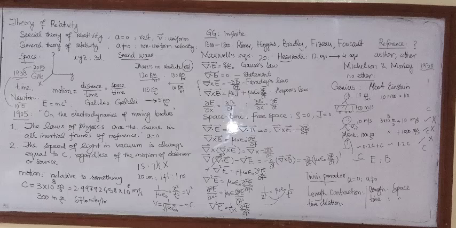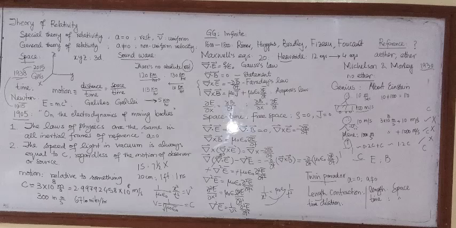And we are getting minus del square E equals minus mu naught epsilon naught ∂²E/∂t². The minus and minus signs are cancelling.